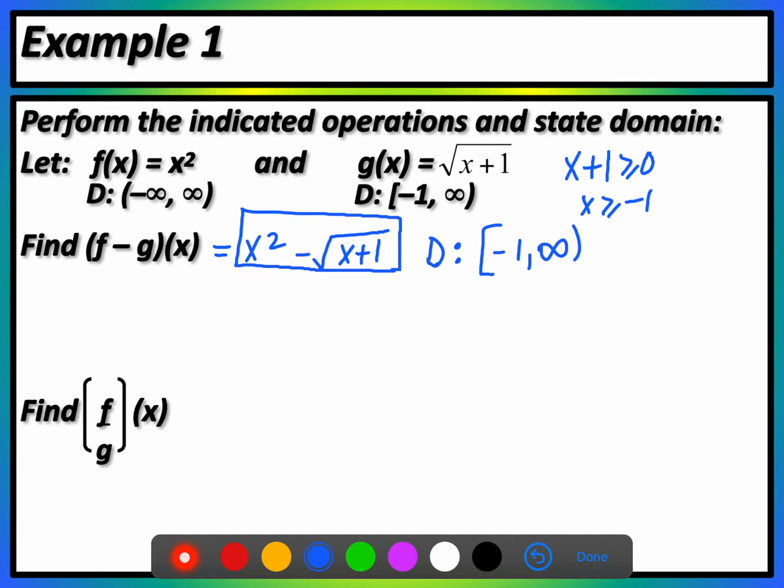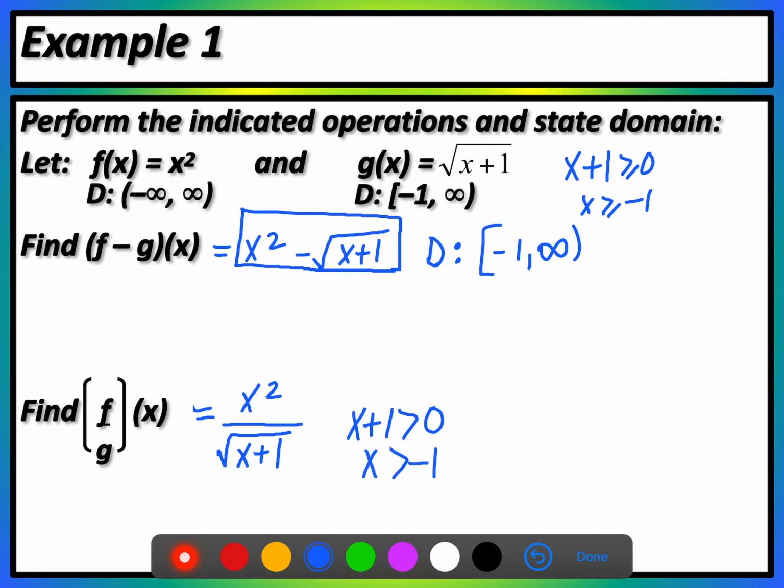Which we're going to look at right now. So f divided by g. That means x squared divided by the square root of x plus 1. We know the numerator, x squared, gives us negative infinity to infinity, and the bottom is already restricting us. But now that this is in the denominator, it can't even be equal to 0 anymore.